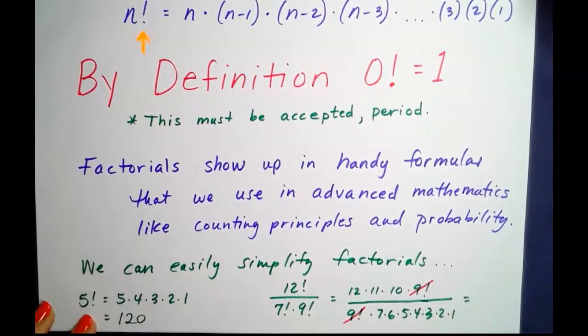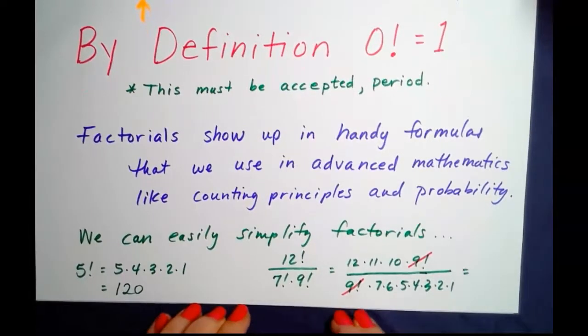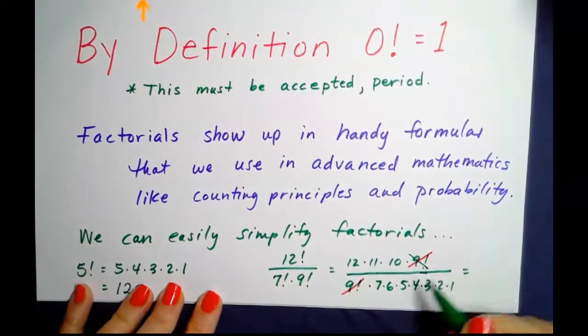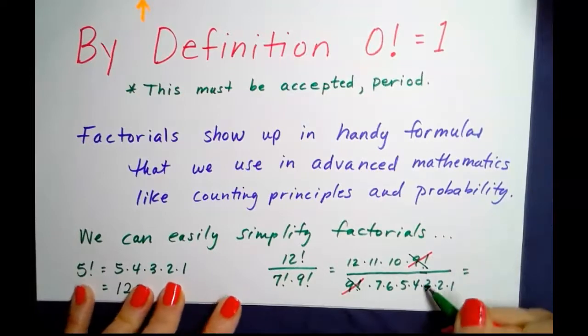That's 120. We can also simplify factorials in fraction form by hand pretty easily, just by canceling out factors that are equivalent to 1. So 9 factorial over 9 factorial, they cancel because they're equal to 1.